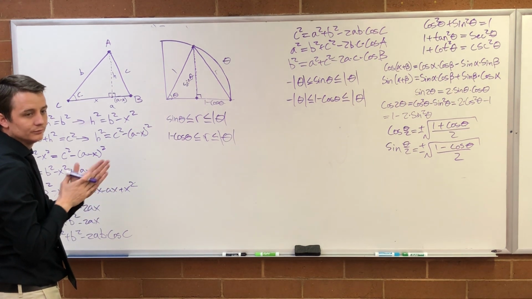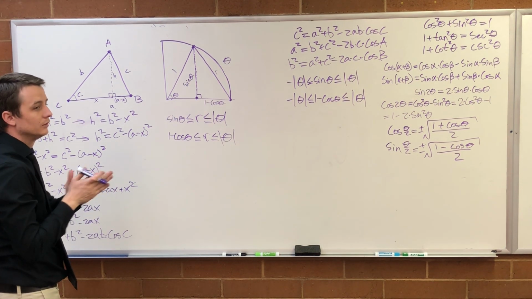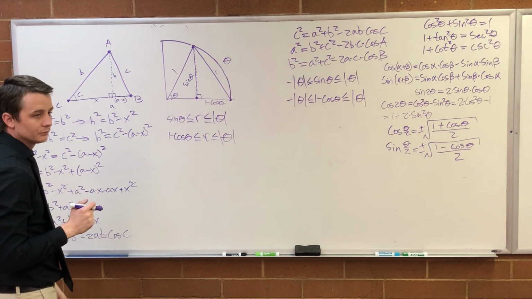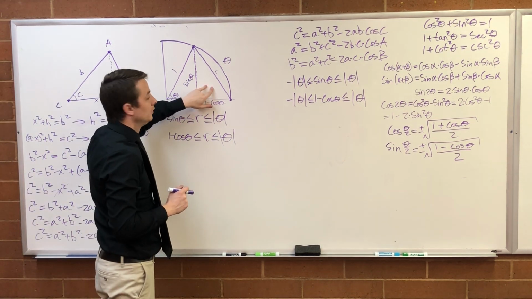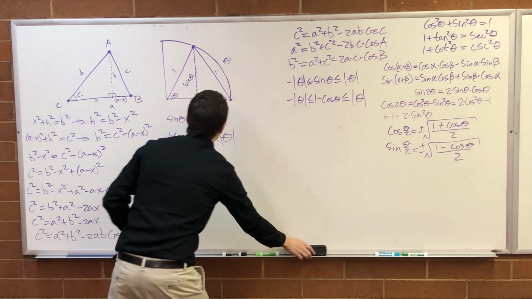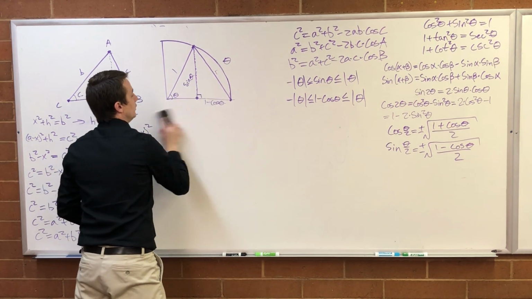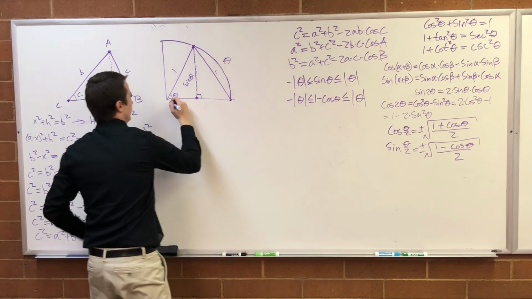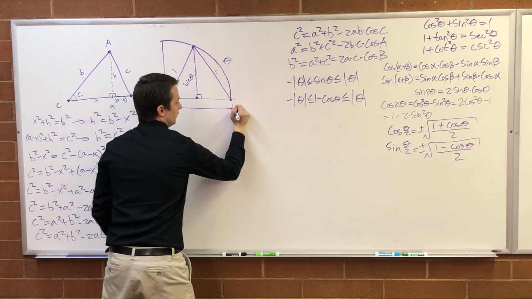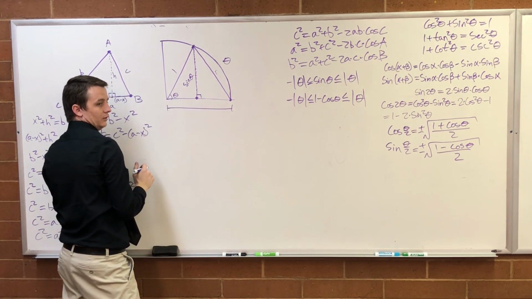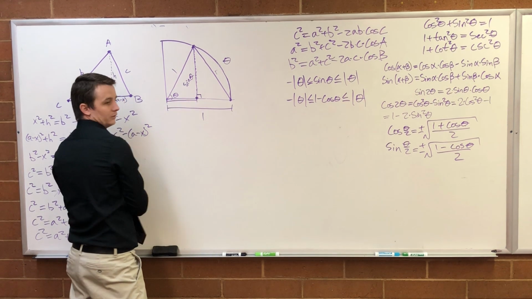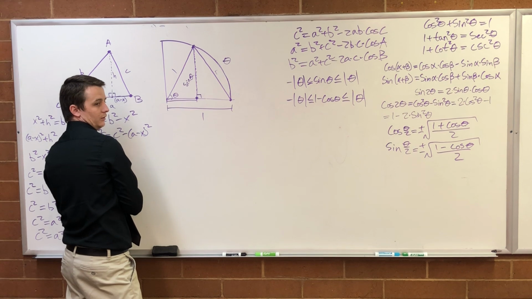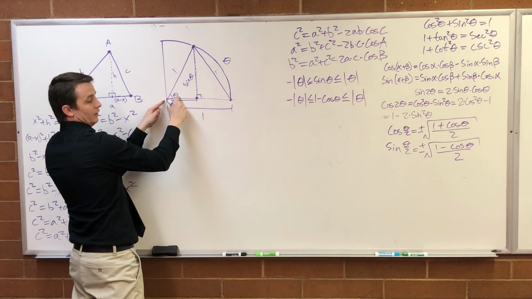I was a little lost on that right triangle, the one where it's 1 minus cosine theta. Okay, let's redo it. This distance is 1, and this angle is theta.